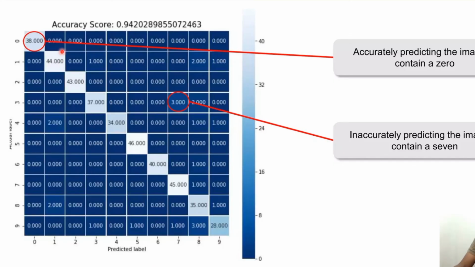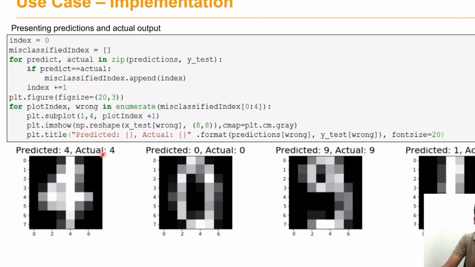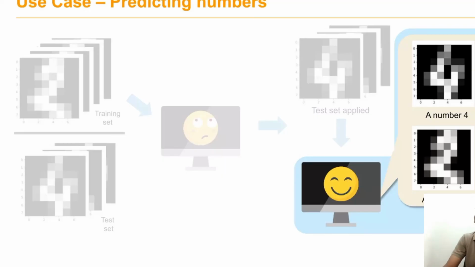This is how we can accurately predict that the image contains a 0, and sometimes an error will occur, where we inaccurately predict that the image contains a 7. So these are all the predicted labels. This shows the predicted and the actual values of the images. Finally, it is correctly identified.